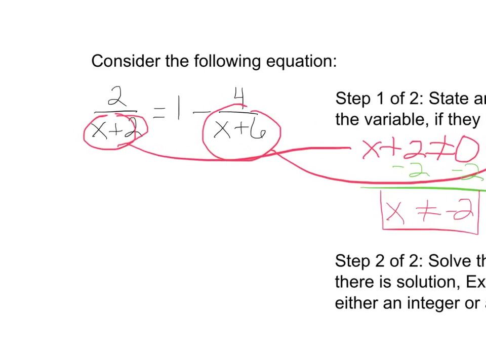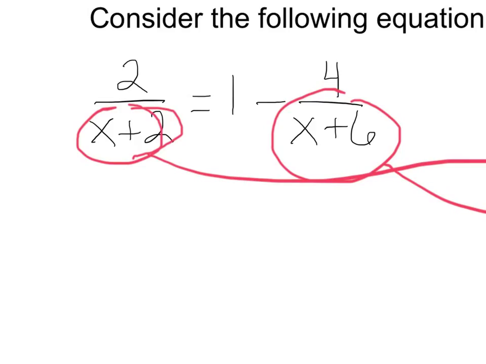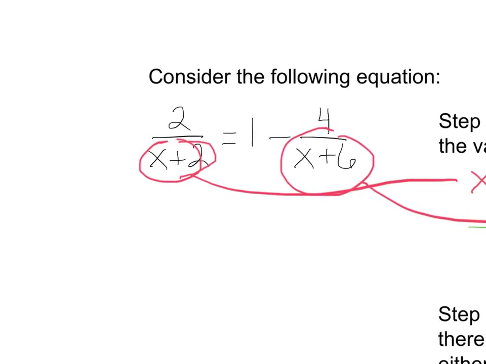Okay. Then as far as solving this, it's not a proportion, so we'll have to try that shortcut method that we used. One thing that may take a few practice problems to get used to is coming up with a common denominator for a problem like this, where we've got x plus 2 on the bottom and x plus 6 on the bottom. The common denominator is fairly simple to come up with. You're just going to use both of those factors.